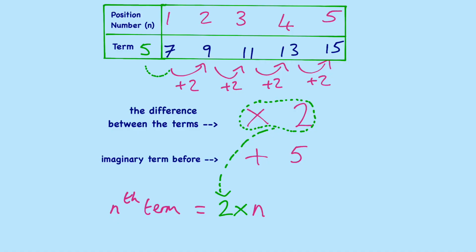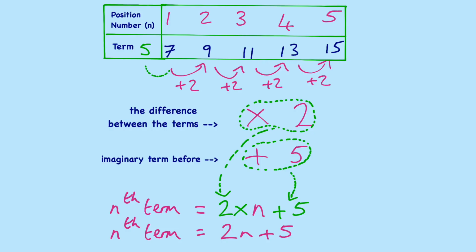And then the second thing I do in the formula is I bring down the +5 and you add it on, as I demonstrated in the previous slide. Now this is almost the nth term formula, but obviously in algebra we'd never leave 2 times n. So we change that to 2n, and my nth term is 2n plus 5.